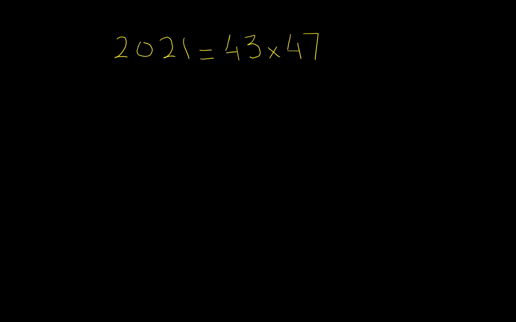Now, please note that we already know, remember, we had our famous sieve of Eratosthenes. So Mr. Eratosthenes has already told us that 43 is a prime and 47 is a prime. So these are both primes. Okay?